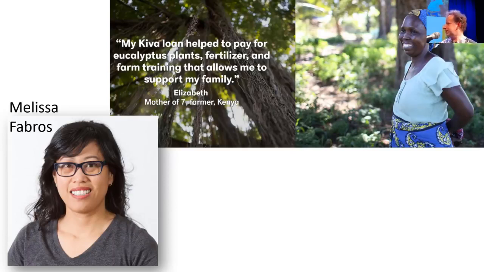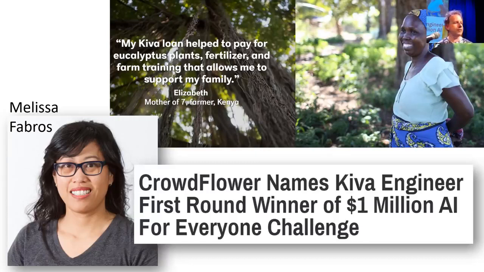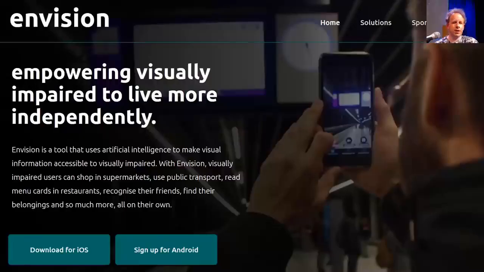So that's like 30 or 40 times worse for black women versus white men. And this is really important because for Kiva, black women are perhaps the most common user base for their microlending platform. So Melissa, after taking our course, and again, working incredibly hard and being super intense in her study and her work, won this $1 million AI challenge for her work for Kiva.